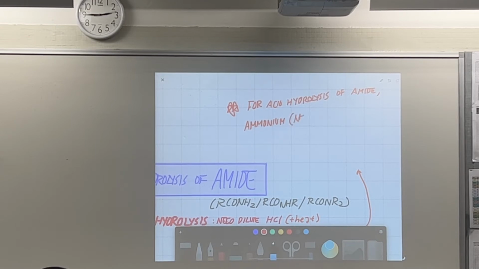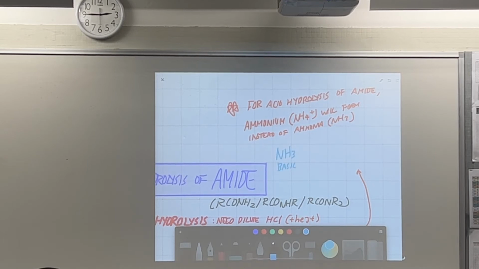Ammonium is NH4+, and it will form instead of ammonia because ammonia, as you remember from the acid and base chapter a long time ago, is basic.